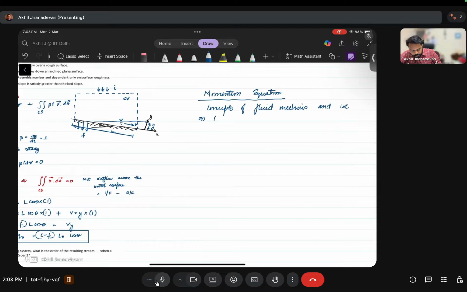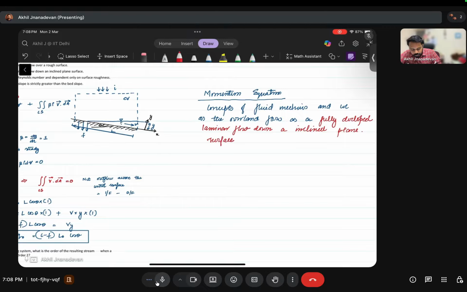the overland flow has a fully developed laminar flow down an inclined plane surface.